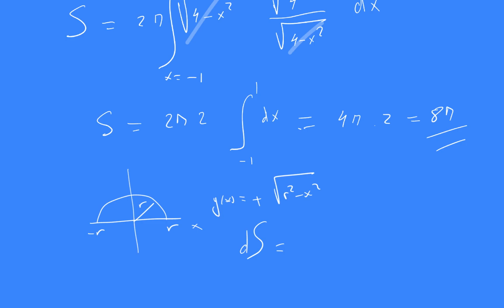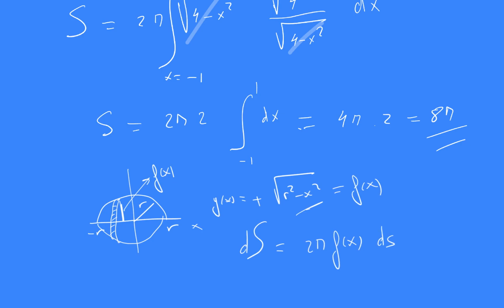Like this, we revolve, we have the sphere, we put our wedding ring, we find the surface area, and the surface area will be 2 pi f of x, 2 pi times the radius, which is f of x, times ds. This is the small area.